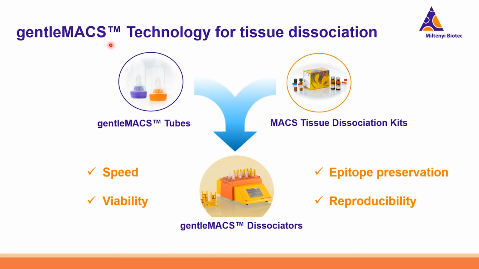The combination of the mechanical disruption using the gentleMACS and the different tubing system with the enzymatic digestion using optimized and highly purified enzymes in this technology enables efficient dissociation. So speed, viability, epitope preservation, and reproducibility are guaranteed.